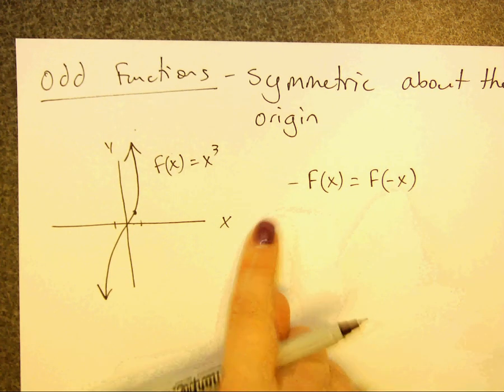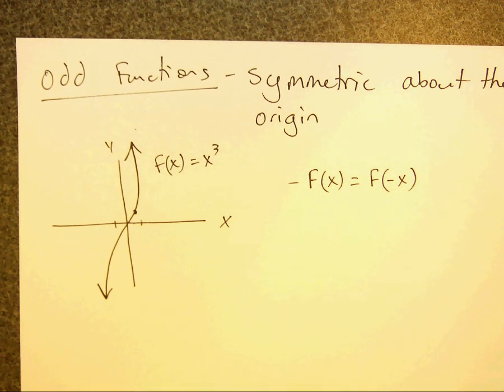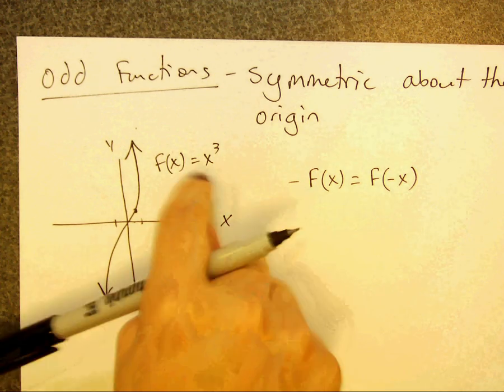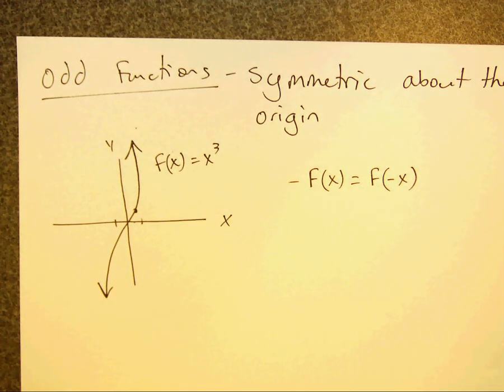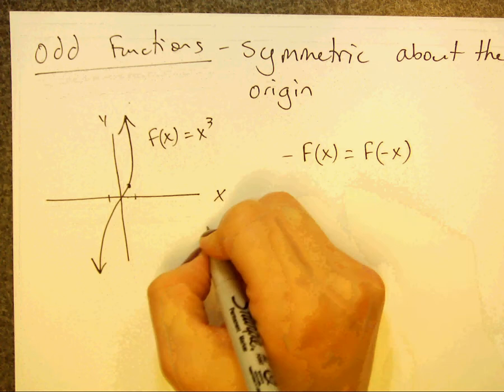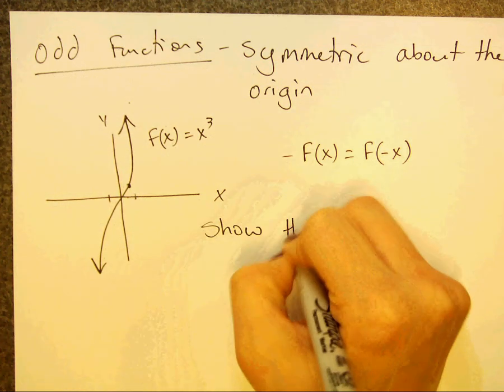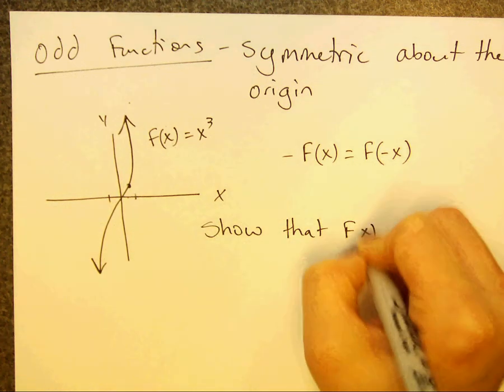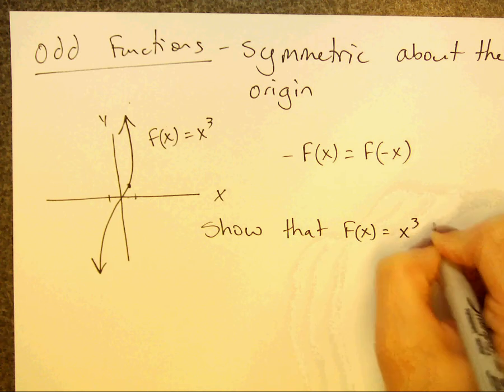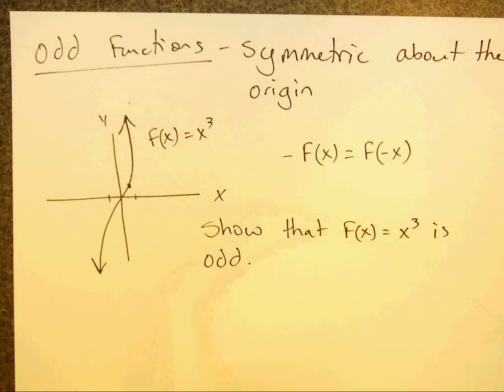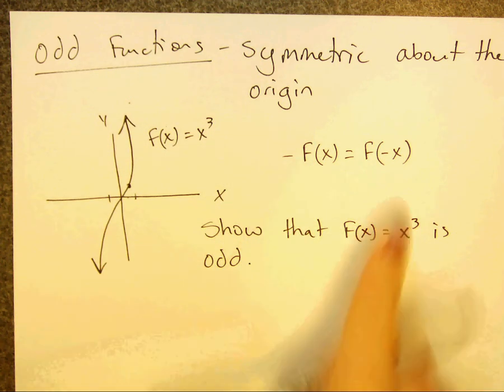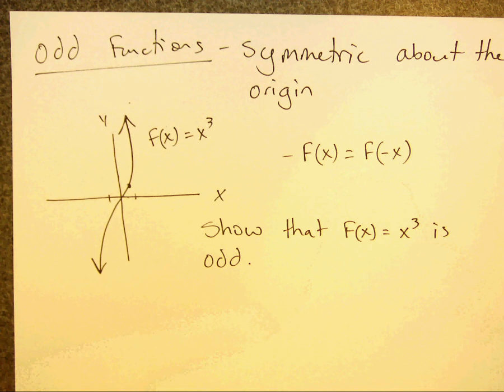All right. So in the same manner, let's go ahead and show that x cubed is an odd function. In order to show that, I need to figure out what negative f of x is, and I need to figure out what f of negative x is, and see if they equal each other.